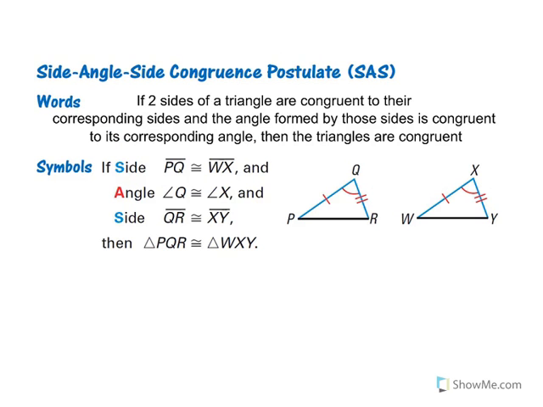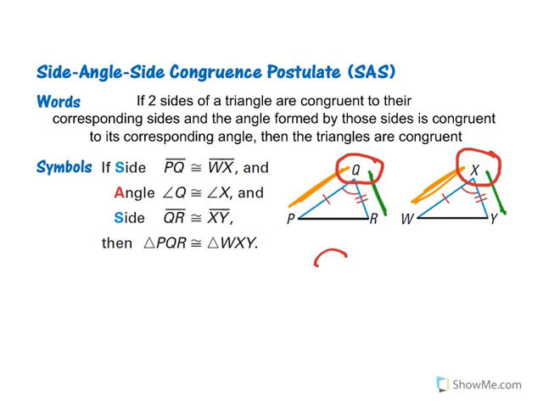Our second way is the side-angle-side congruence postulate, or SAS for short. This says if you have 2 sides of a triangle that are congruent to their corresponding sides, and the angle formed by those sides is congruent to its angle, then the triangles are congruent. In our picture, PQ would be congruent to WX, QR is congruent to XY, and they both form that angle, angle Q and angle X, and the angle that they form is congruent.